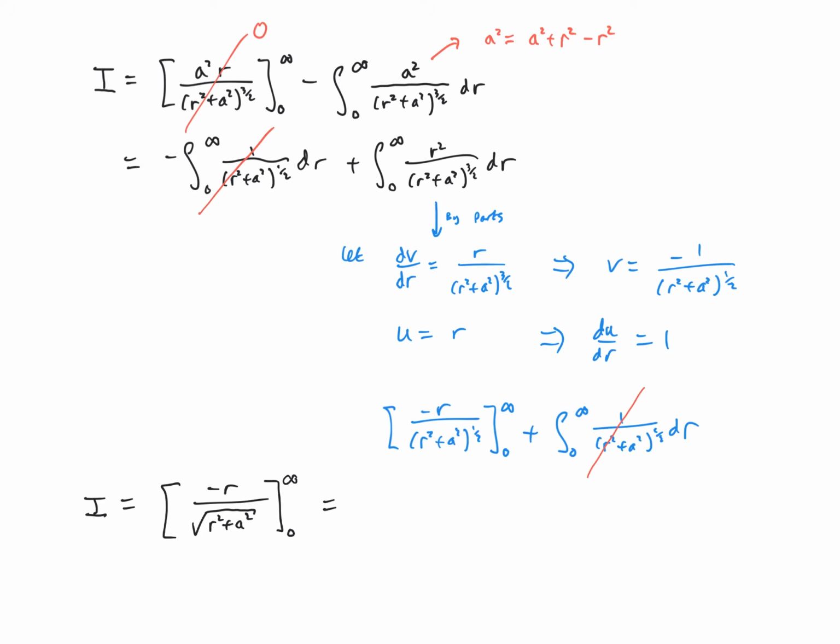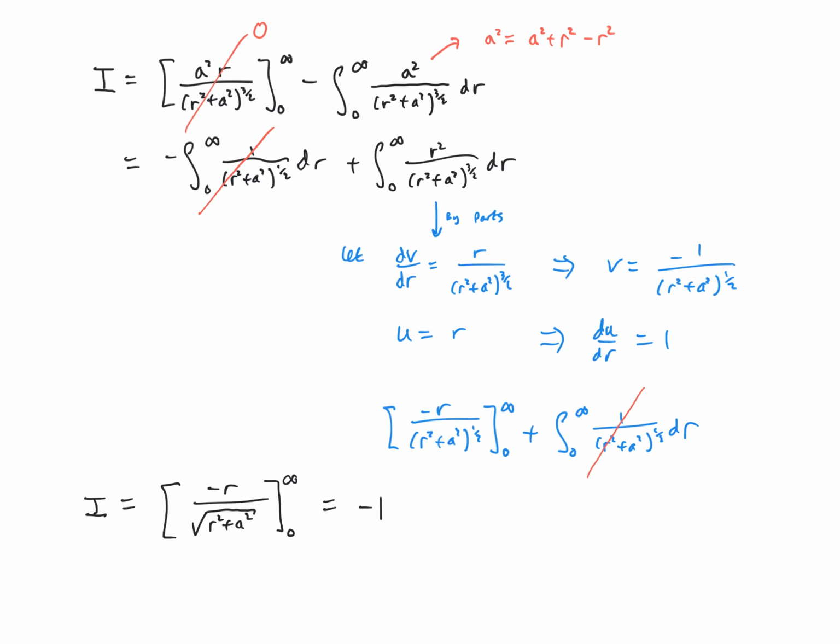R will be large compared to a as r goes to infinity, so we can throw away the a, and the square root of r squared is r. That cancels top and bottom and will give me minus 1. That's a limit. Whereas when r is equal to 0, downstairs is finite and upstairs is equal to 0. So that's it. The integral is equal to minus 1.